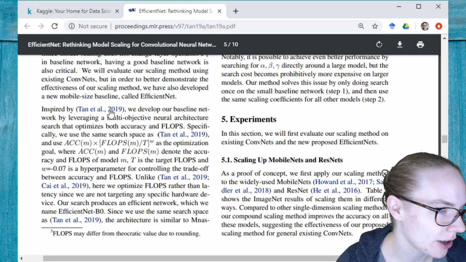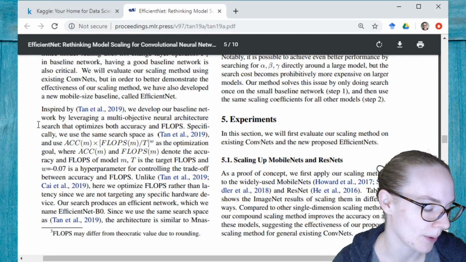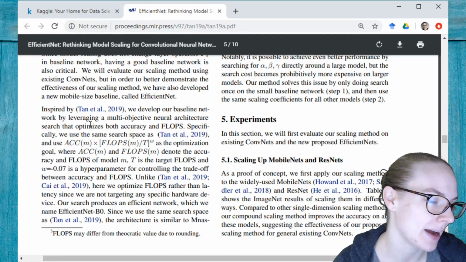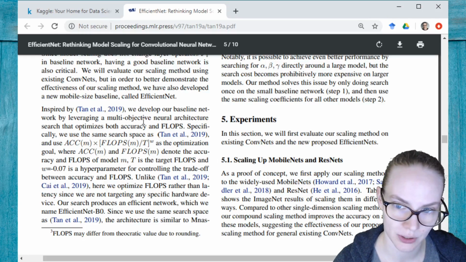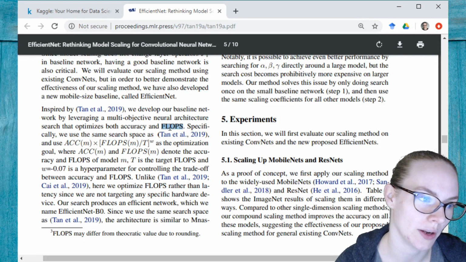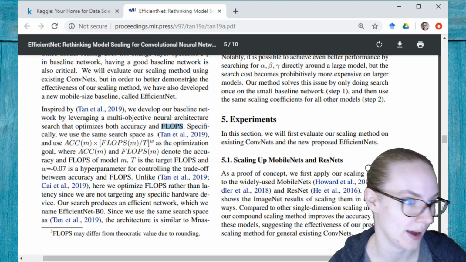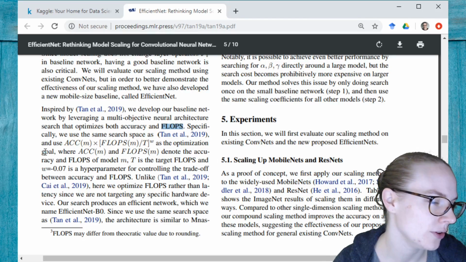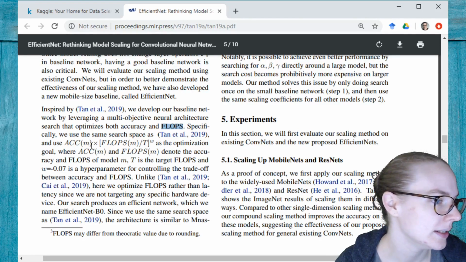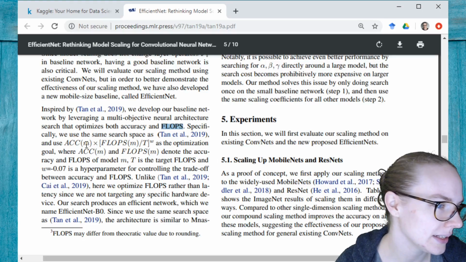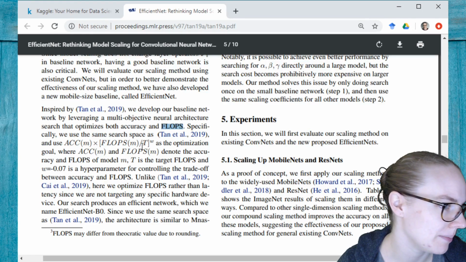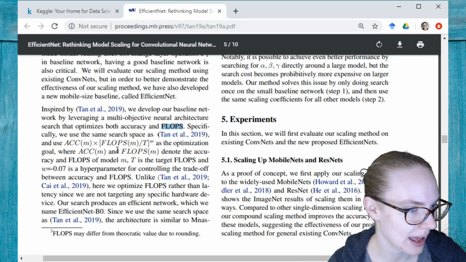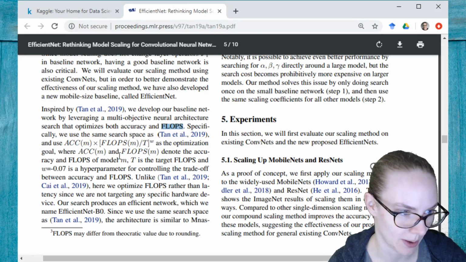Inspired by Tan et al. 2019, we develop our baseline network by leveraging a multi-objective neural architecture search that optimizes both accuracy and FLOPS. So you want the model to do well, and you also don't want to do more operations than you have to. Specifically, we use the same search space as Tan et al. 2019, using ACC(m) times FLOPS(m) divided by T, as the optimization goal, where ACC(m) and FLOPS(m) denote the accuracy and FLOPS of a model m.